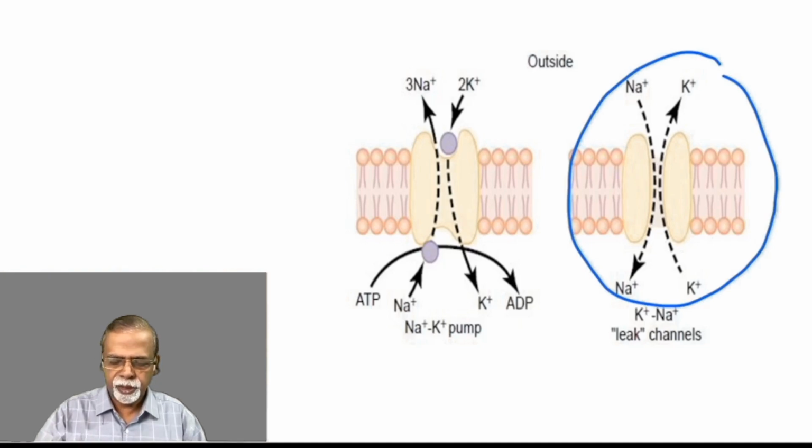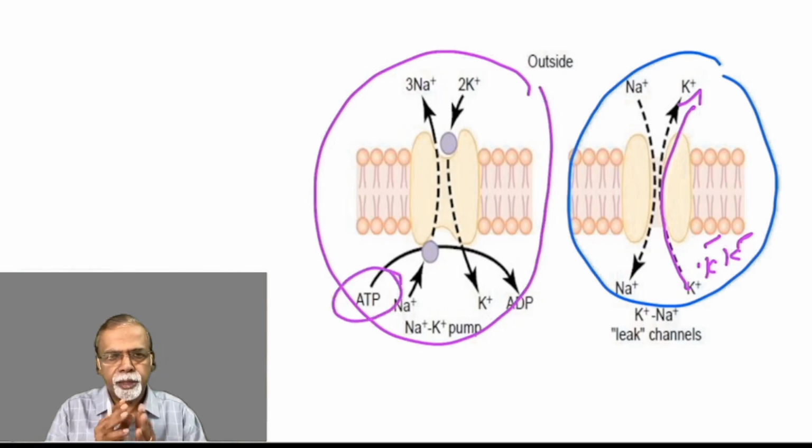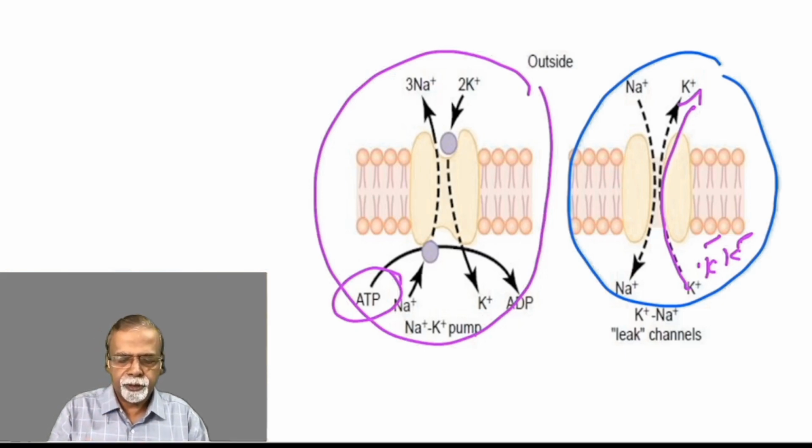Potassium is leaking outside because inside the potassium concentration is high. This is in contrast to active transport, where energy is required from ATP. ATP is split. So again, the leaky channels are an example of facilitated transport maintained via special proteins or channels. Hope this is clear to you.